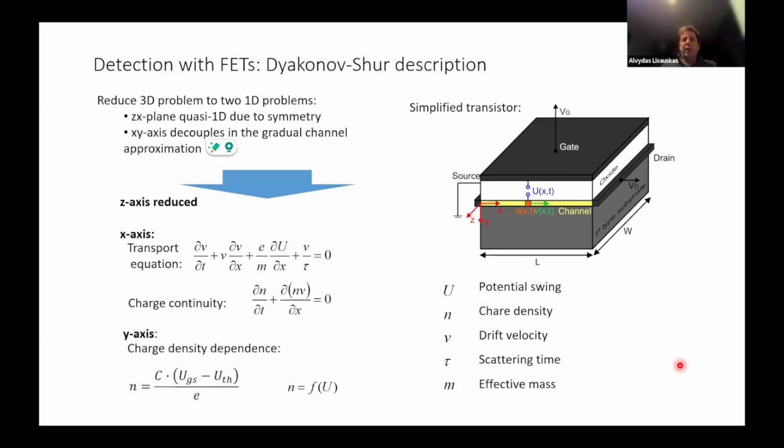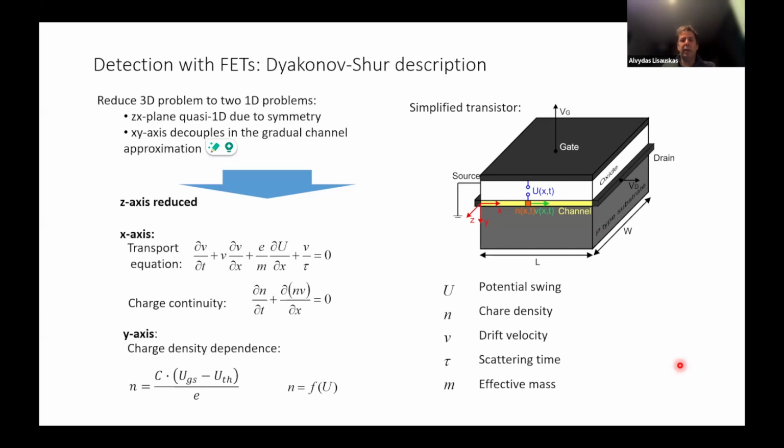And it came by theoretical work, first of all, a prediction made by Dyakonov and Shur in '96, analyzing very simplified transport equations of the field effect transistor, and actually not looking for detection.